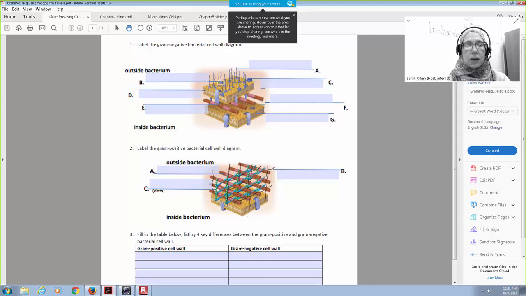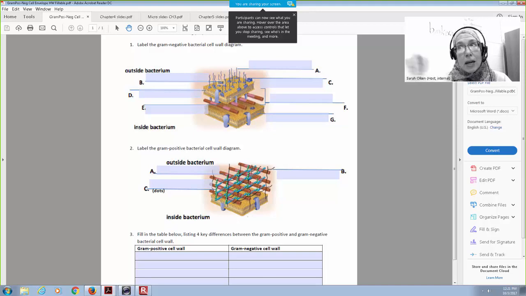So what does this mean? The cell wall, as you can see, has a very different structure than the plasma or cell membrane, or even the outer membrane in the case of gram-negatives. So biological membranes are two layers, a bilayer of phospholipids.